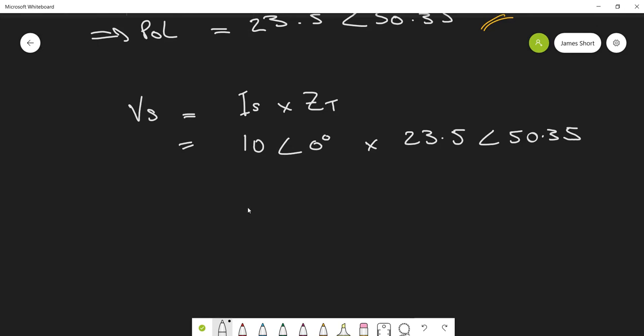So 10 times 23.5 is 235, and 0 plus 50.35 is 50.35 degrees, and that's in volts. And we'll convert that to rectangular.